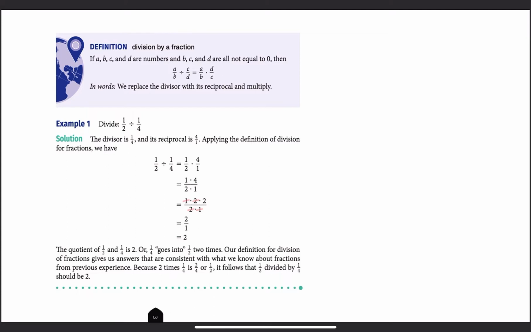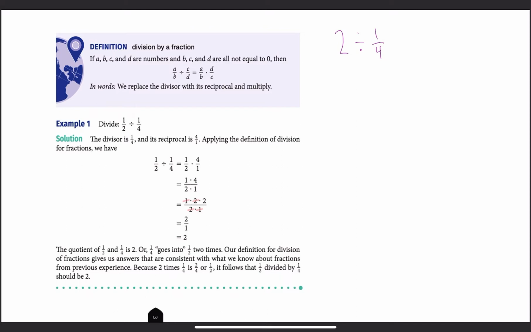Let's write it numerically: 2 divided by 1/4. It's not a very intuitive problem to think about.